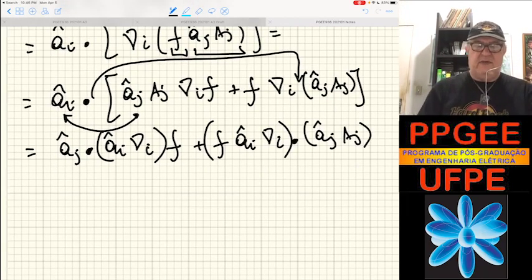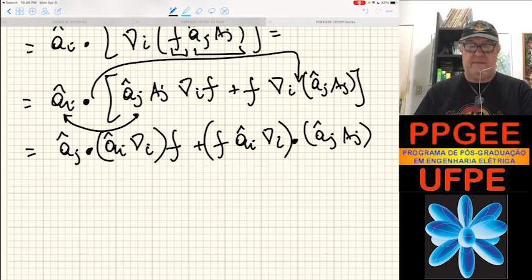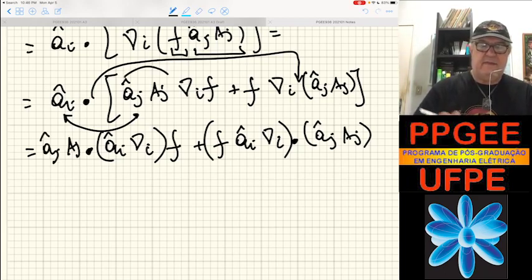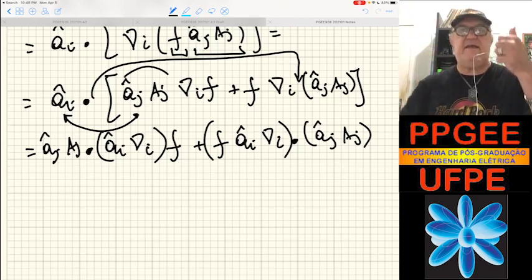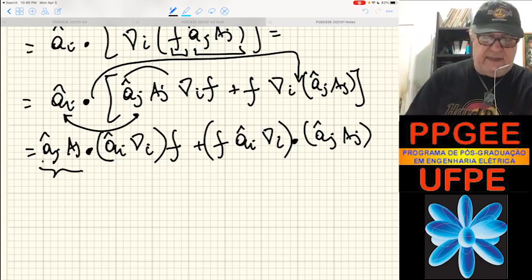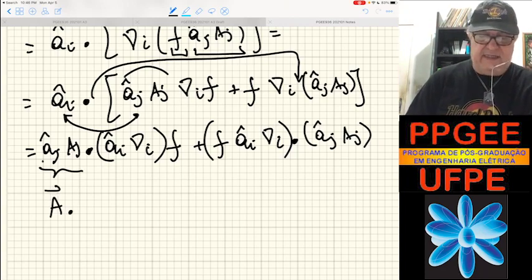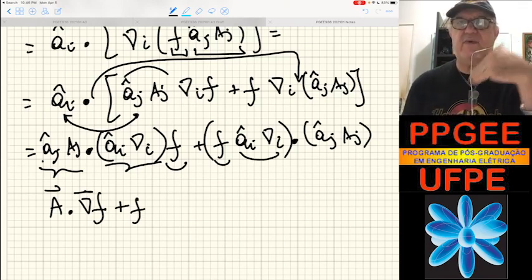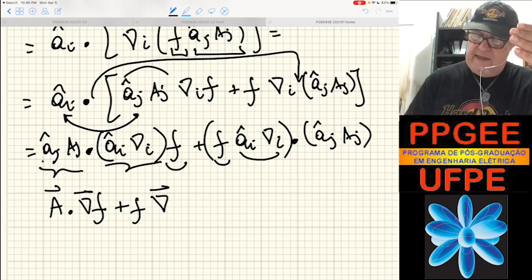So here we go, this is a sum. Am I missing something here? Oh wait, yes, I forgot I passed A j to the other side. Sorry. A j we put here, right? So remember that we have a sum from j equals 1 to 3. The sum over i equals 1 to 3 is going to be nabla applied to f plus f times the sum over i from 1 to 3, which is nabla again, dot, right?